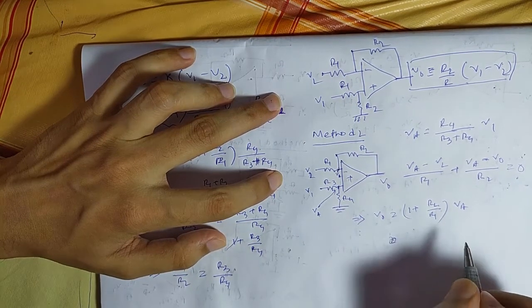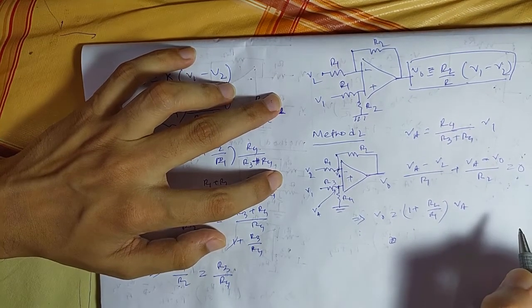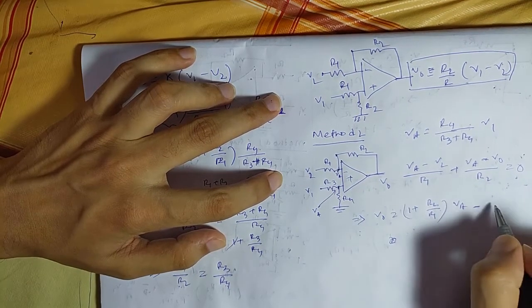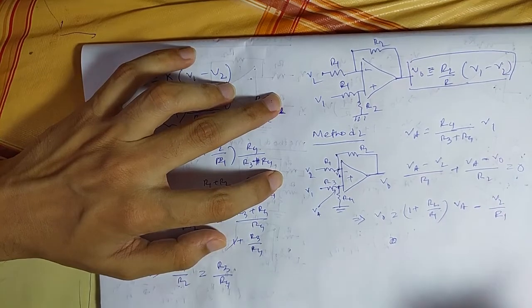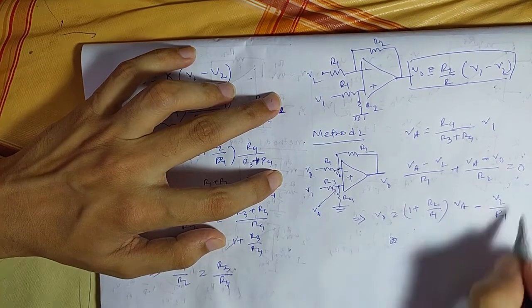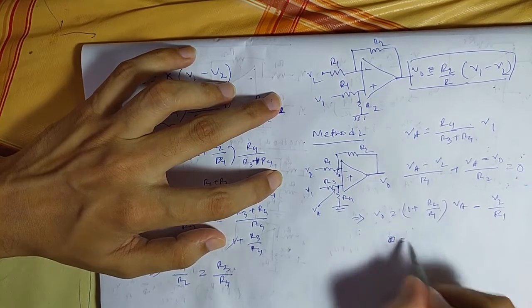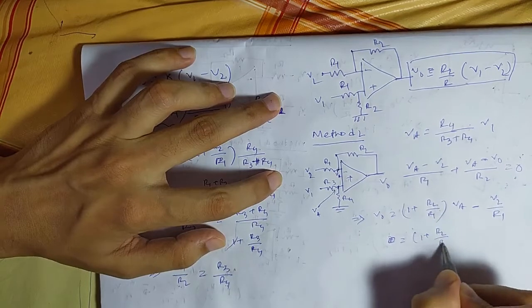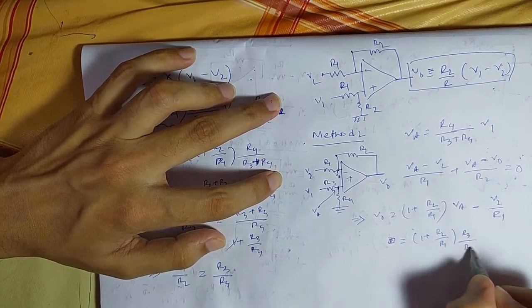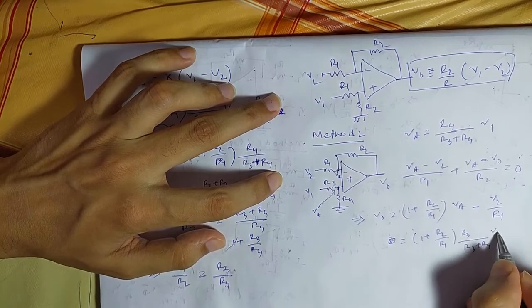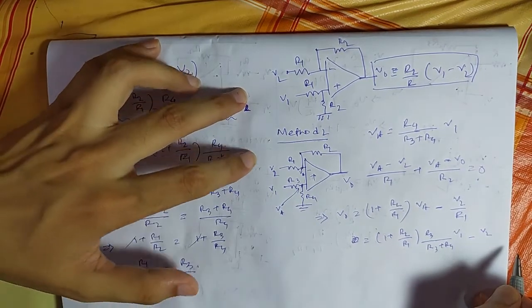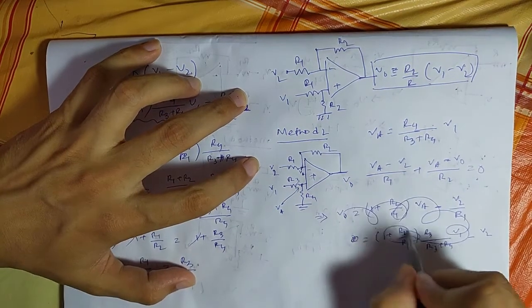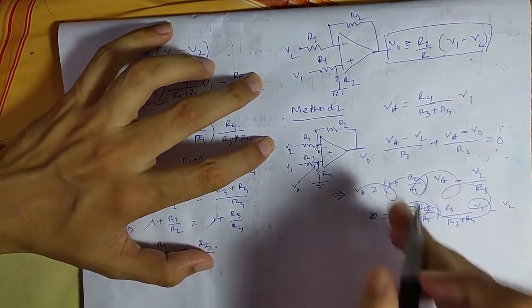If I put the value of VA, 1 plus R2 by R1, R4 by R3 plus R4, so I'll rewrite this expression.